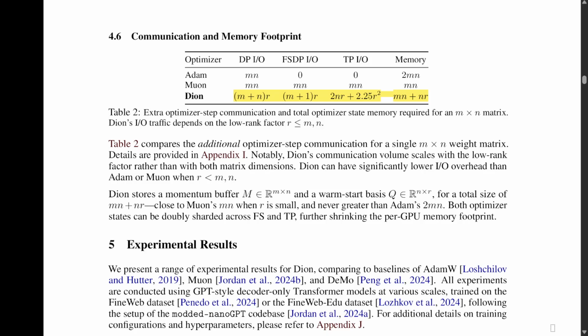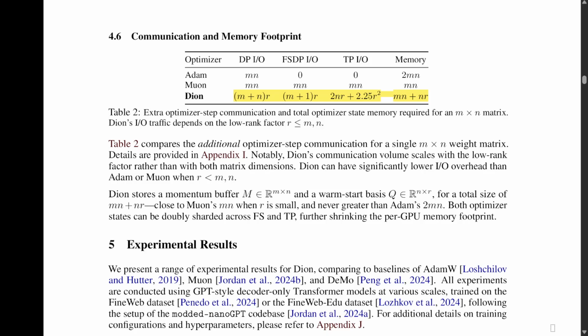Now, you mentioned earlier that Muon, and presumably Dion inheriting its properties, offered better hyperparameter transfer. This sounds like a huge practical win. Tell us more about that. It really is a big deal for practitioners. Hyperparameter transferability means you can find the best settings, like learning rate for your optimizer, on a smaller model or dataset, and then confidently use those same settings when you scale up to a much larger model without needing weeks of expensive retuning.